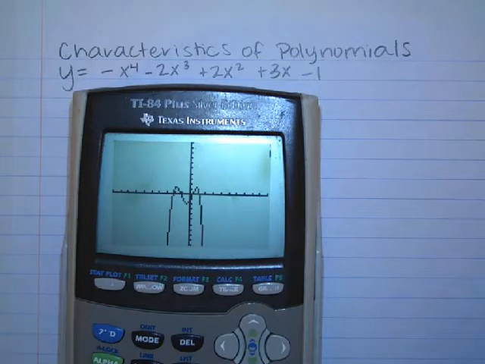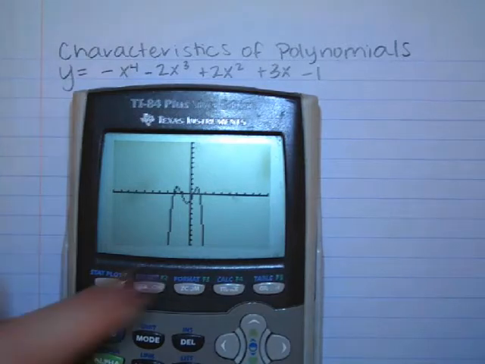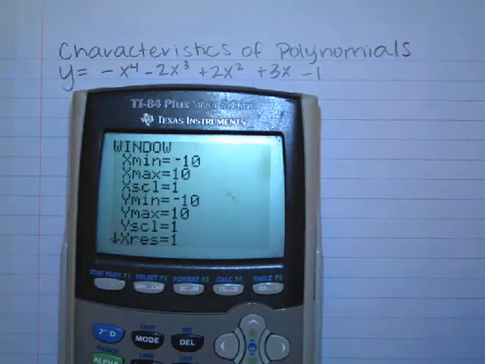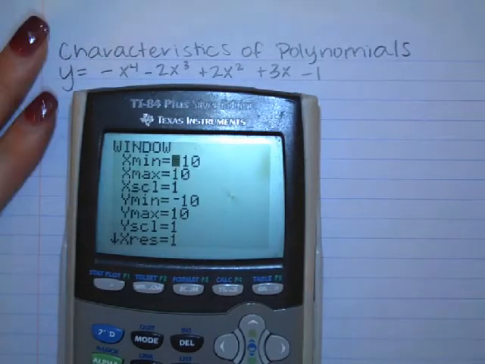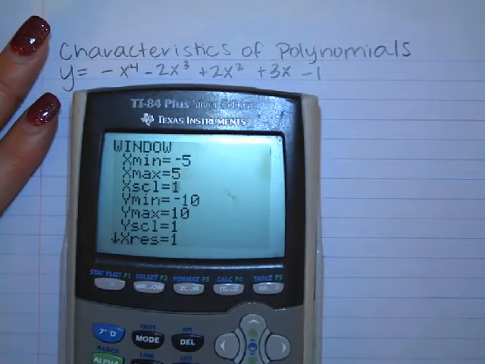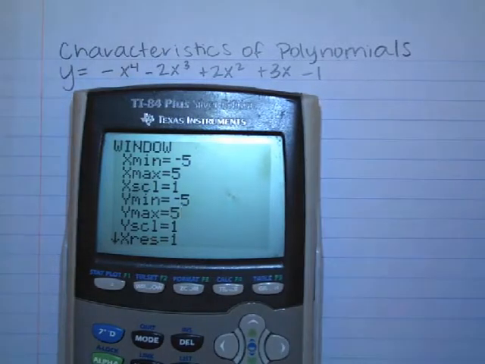And when I graph it, it's a little bit small on the screen, and so I'm just going to change the window so it's a little bit easier to see everything. So on your window, instead of 10 to the left and 10 to the right and 10 down and 10 up, if you change those all to 5, it will have an effect of kind of zooming in on the graph, but still being kind of square-shaped.